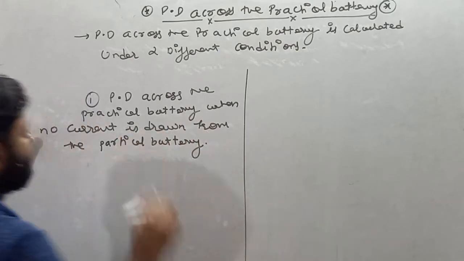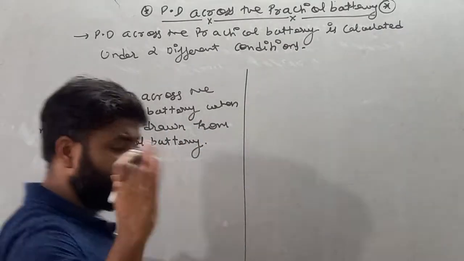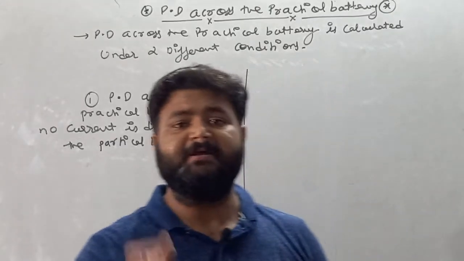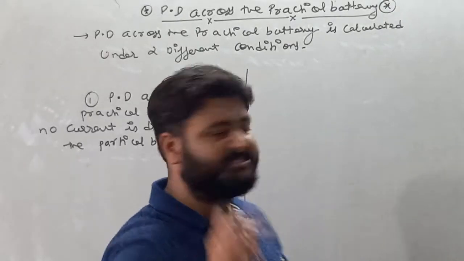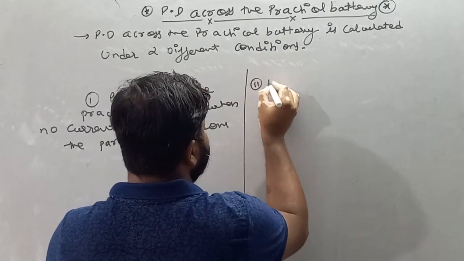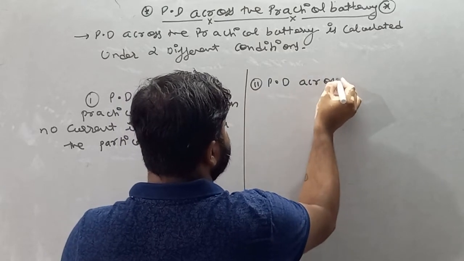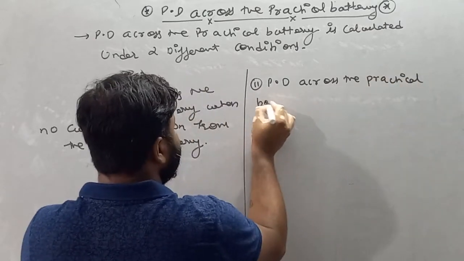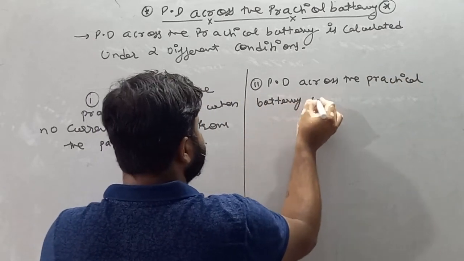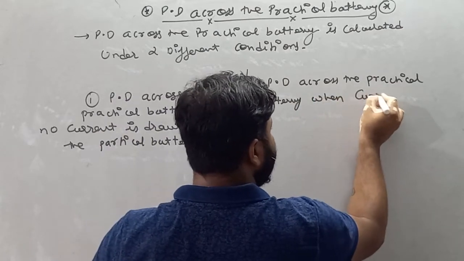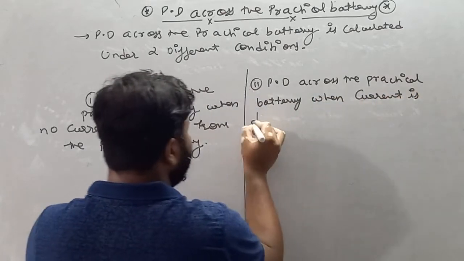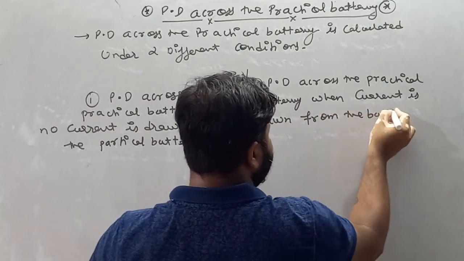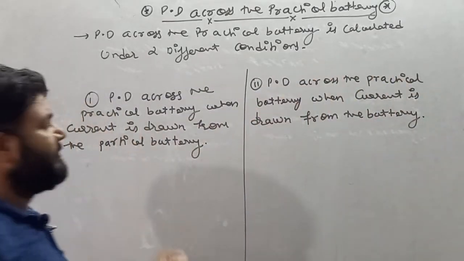That is the first situation, and the second situation is the potential difference across the practical battery when current is drawn from the battery.